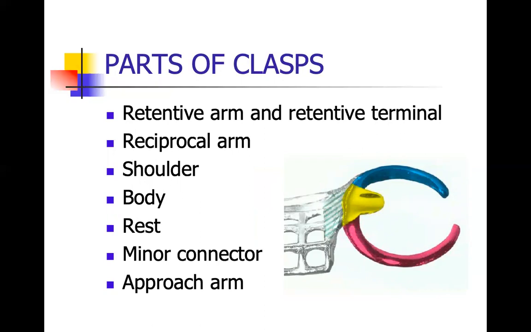These are the different parts of a clasp, which I am going to explain to you one by one. This is the retentive arm or retentive terminal, the reciprocal arm, the shoulder, body, rest, and minor connector.